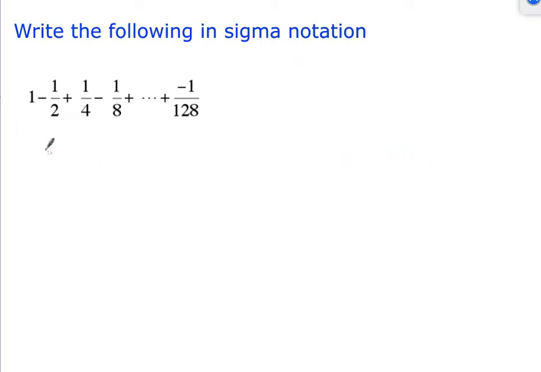But here's the other thing I'm noticing. It looks like every time I get to the next number, I'm multiplying by 1/2. Actually, negative 1/2. 1 times negative 1/2 would be a negative 1/2. Negative 1/2 times negative 1/2 would be a positive 1/4. 1/4 times negative 1/2 would be a negative 1/8, and so on.